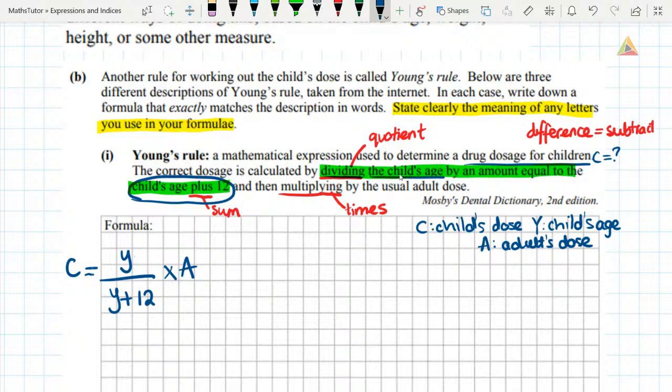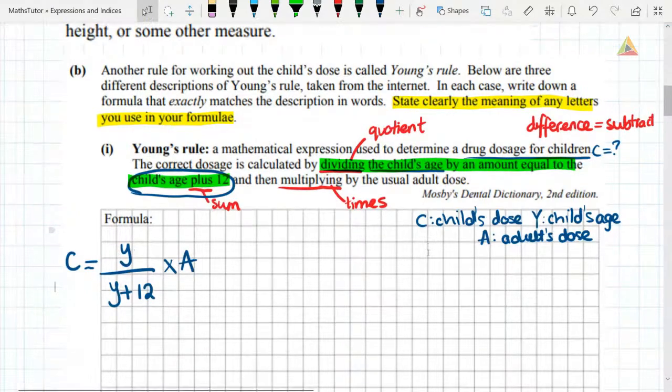So we're just breaking down what it's asking us to do in the question. So dividing the child's age, so we said that's Y, by an amount equal to the child's age plus 12, so that's Y plus 12, and then multiplying by the usual adult dose, and then multiplying by A.